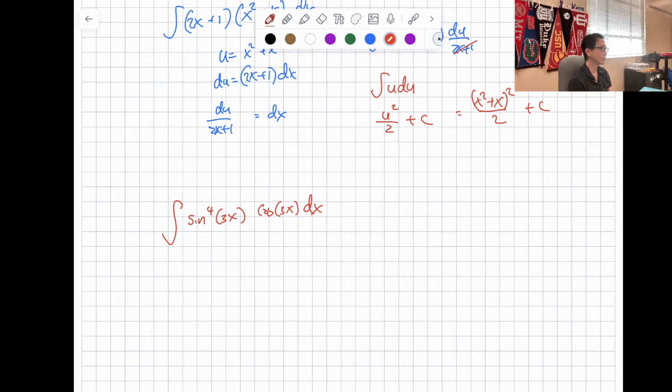This is really ugly. Would it just be 3x to the 4? No. How'd you get to the 4? You cannot do that. Sine to the 4 of 3x. That was the highest.